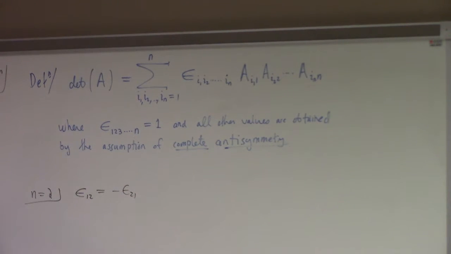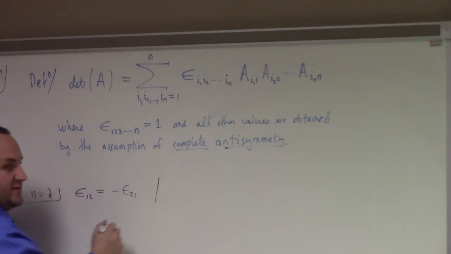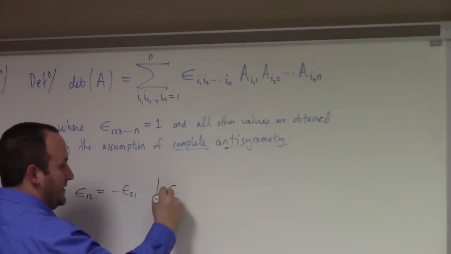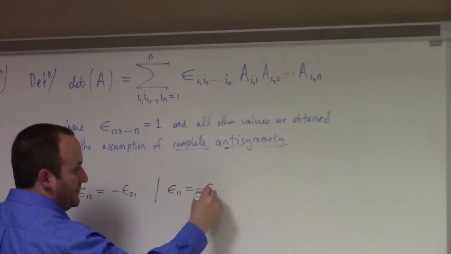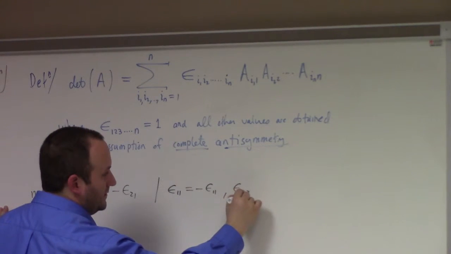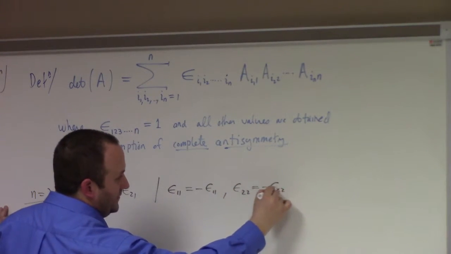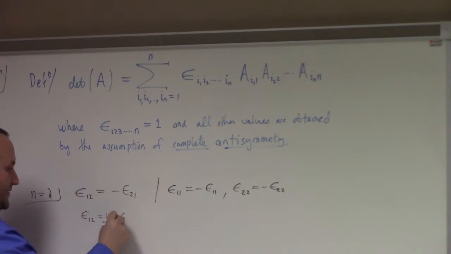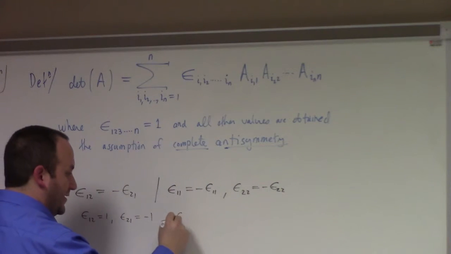If it's completely antisymmetric, you guys have experienced this already in the study of antisymmetric matrices, like epsilon 1, 1 is equal to minus epsilon 1, 1. Epsilon 2, 2 is equal to minus epsilon 2, 2. So this gives us what? We have a complete story here. Epsilon 1, 2 is 1. Epsilon 2, 1 is equal to minus 1. And these guys are what?